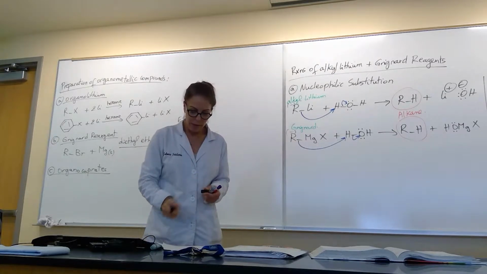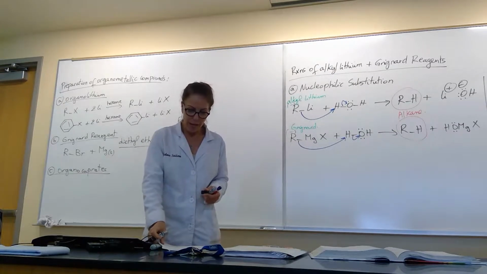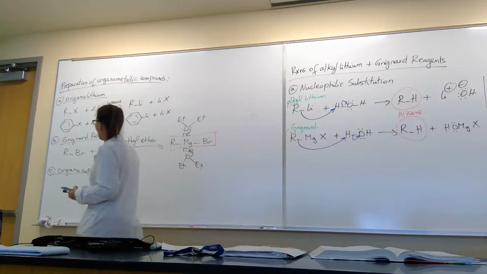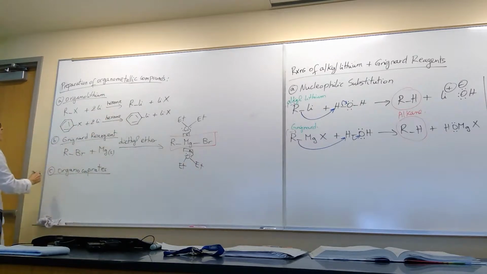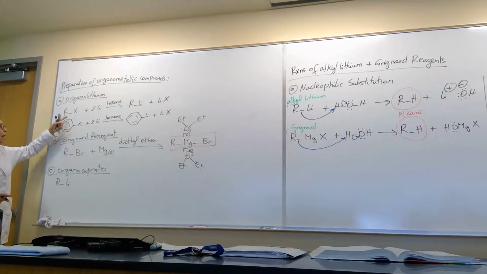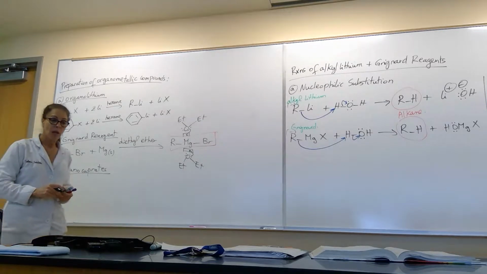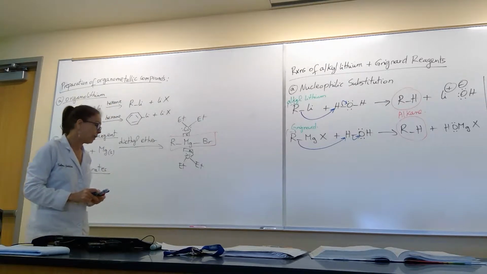They're like the Gilman reagent. So what you do, you always start with an organolithium. You see here, the starting material is always an alkyl halide, but in here, it's an organolithium. So you take an organolithium and use copper iodide.